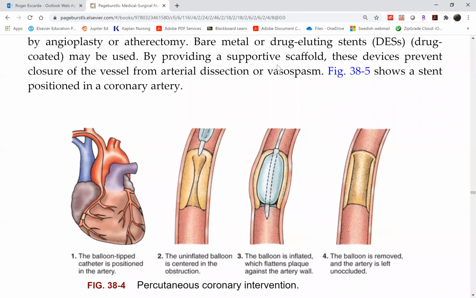Because there were a lot of complications with the femoral. Most common was bleeding because it's a way larger artery, obviously. And also a false aneurysm will develop. Basically, it's a hematoma. So we get hematomas there in the femoral artery. The patient has to be on bed rest.